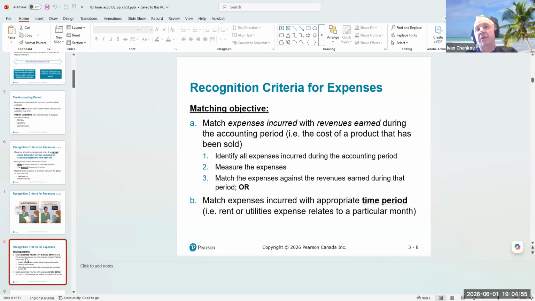Can I sell a shirt if I don't have the shirt? No. So in order to sell the shirt, what do we have to do first? I have to buy the shirt. So which comes first, the revenue or expenses? The expense. Is it clear that most of the time the expense comes first?